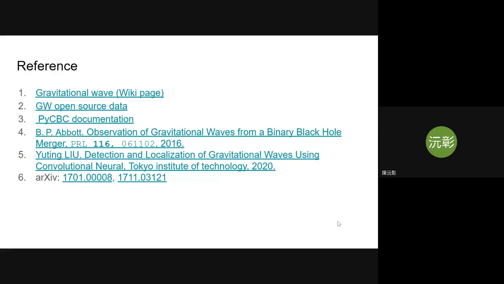So I think the main difference is that our project uses a detected signal, while the supernova signal has not been detected yet. And the project we would like to do is classification and parameter estimation.